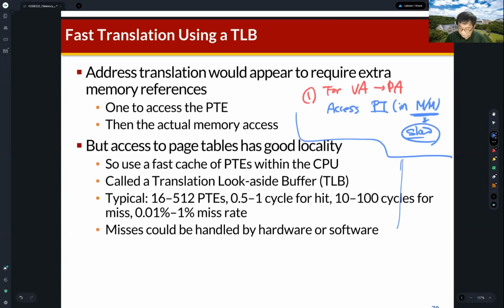Also, we can handle this issue like a cache. So what does that mean? For this virtual address to physical address translation, which information is required?